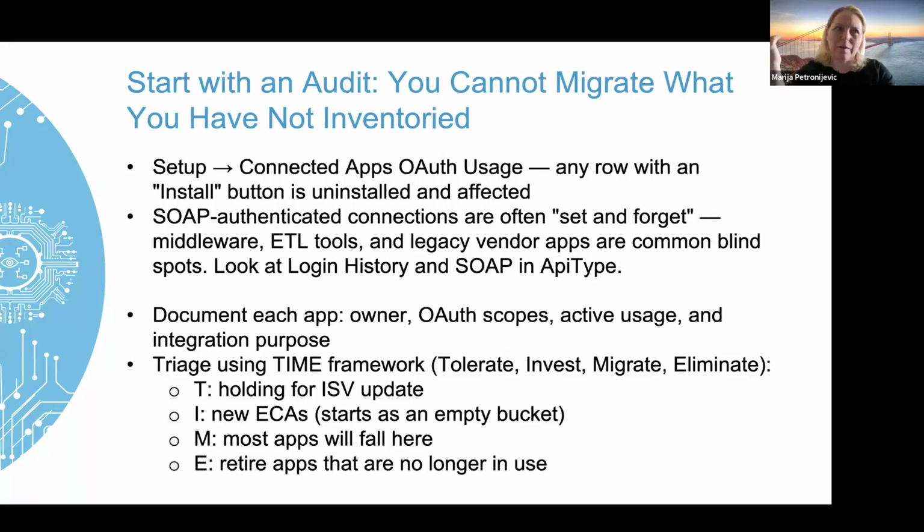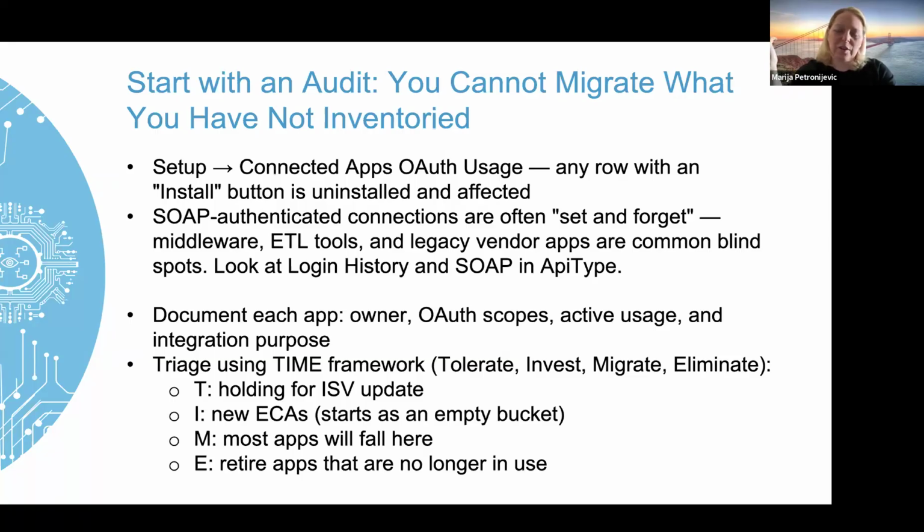So you might want to look at them, figure out what they are and really start from there, but then look at all of your apps. For SOAP authenticated connections, those are the ones we talked about, the old set-and-forget ones that a lot of legacy ERPs use.